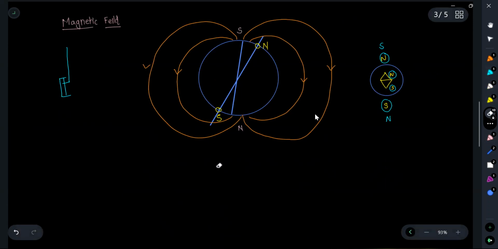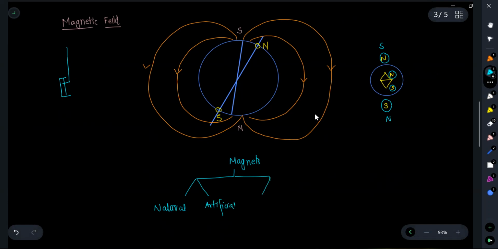First let's look at magnets. Magnets can be either, we'll talk about two divisions. So let's say one of the divisions says it can be natural or artificial.